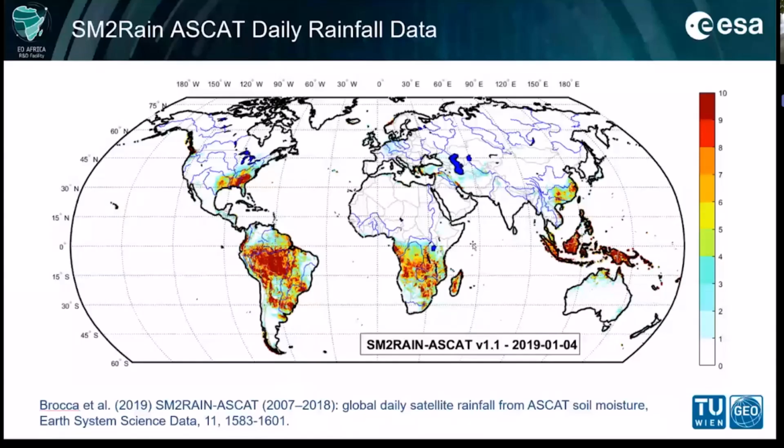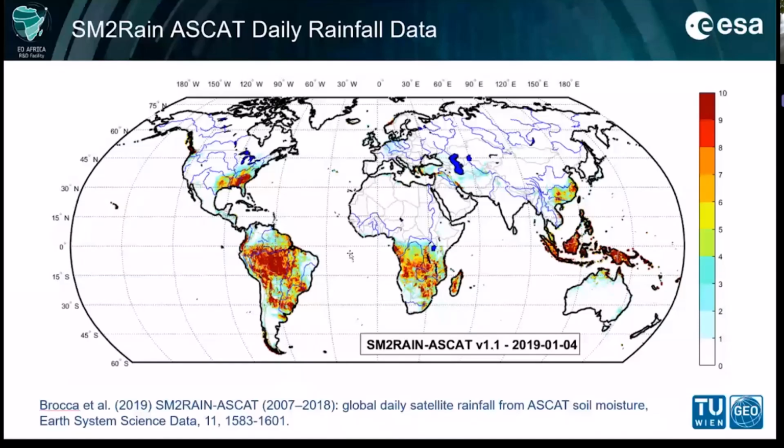These are now the so-called SM2Rain datasets that become increasingly available, not just for ASCAT, but now also for Sentinel-1, or SMOS or SMAP and other satellite data. And we see that these are very valuable because they have different error structures, very complementary to other rainfall datasets, either observed on the ground or with other satellite methods.